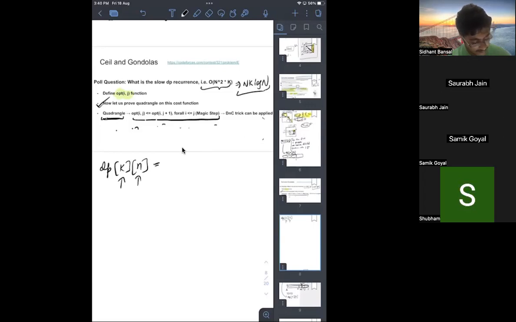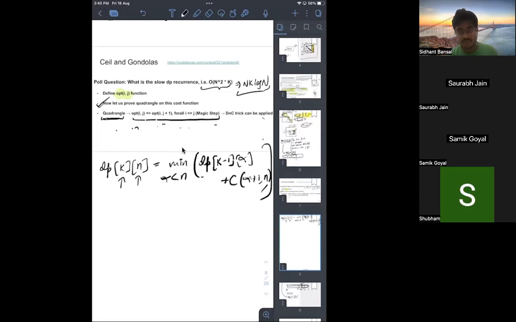So dp[k][n] is the minimum over alpha less than n of dp[k minus 1][alpha] plus c(alpha plus 1 to n). I'm just swapping the two dimensions. It doesn't really matter in this particular question. I'm just doing it because the optimization actually happens on the second dimension, so it becomes much more intuitive when I argue about things.